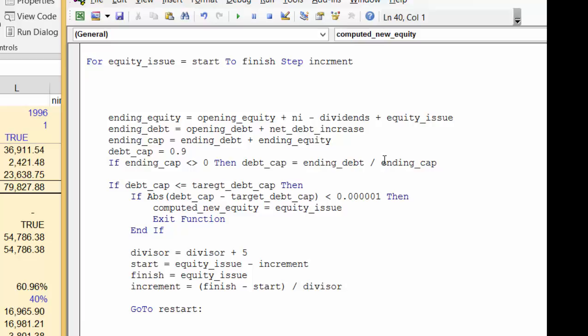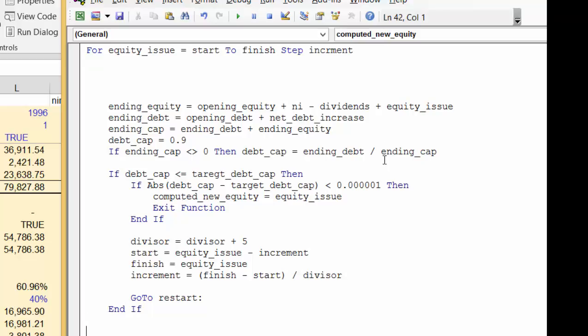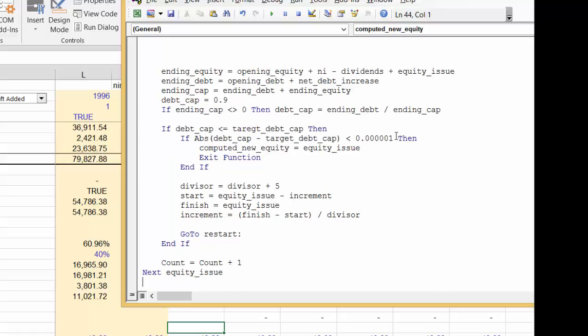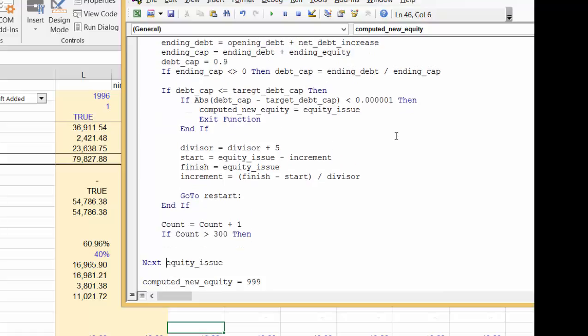Here, we need an end if here, of course. Now let's put count equal count plus 1, and we can put if count is greater than, let's say, 300, then we can do the same thing.